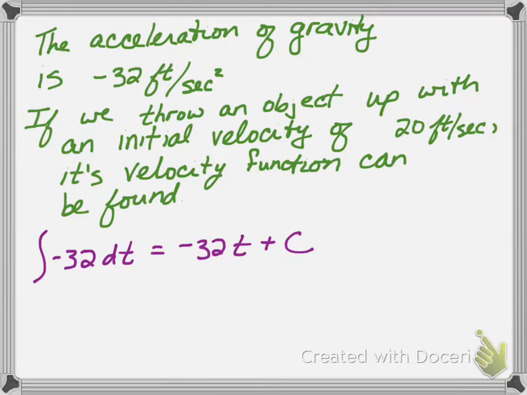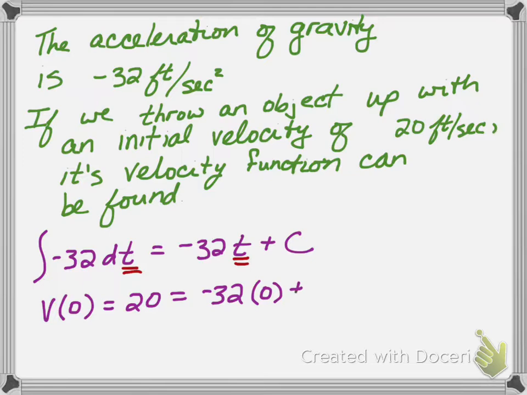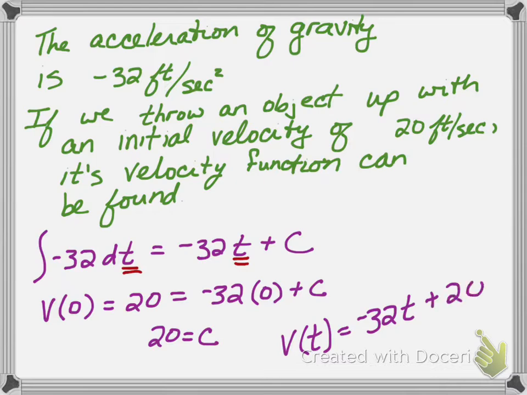The antiderivative of negative 32 is negative 32t plus c. And here we're using a t because our input value is time. Since v of 0, my initial velocity, is equal to 20, we can solve for c, and c equals 20. And so our velocity function is negative 32t plus 20.